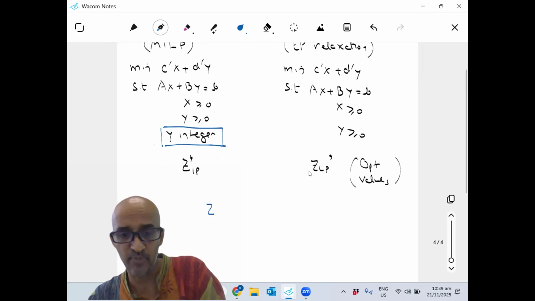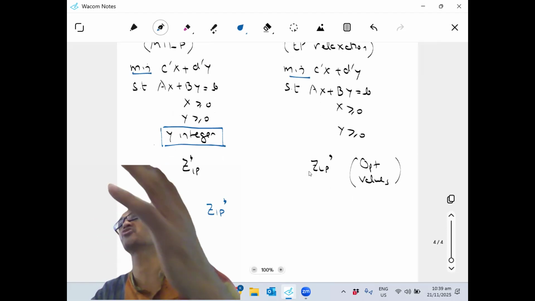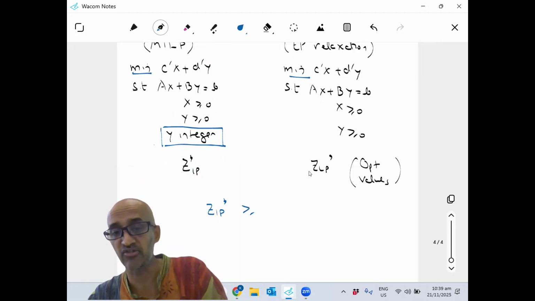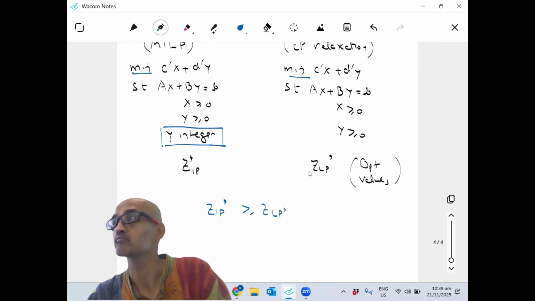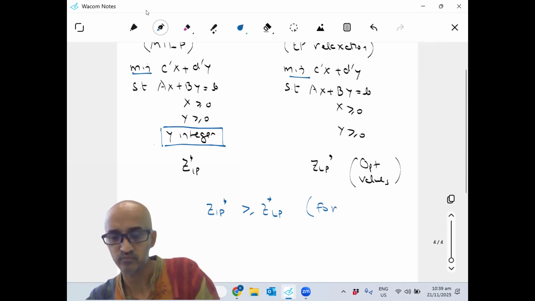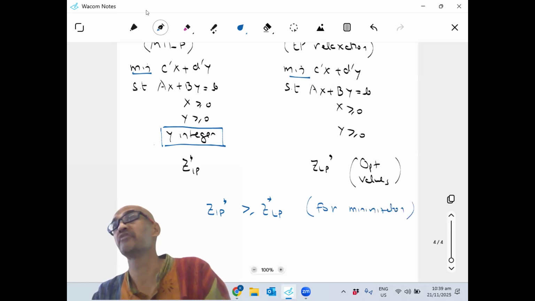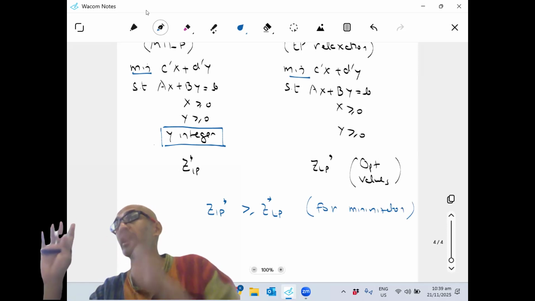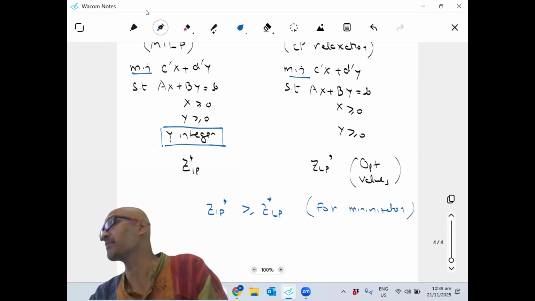Z of IP star, it's a minimization problem, and I'm minimizing over a larger feasible region here, so the optimal value has to be lesser. Is it clear? If it's maximization, the inequality will go the other way. So you have to analyze the problem.